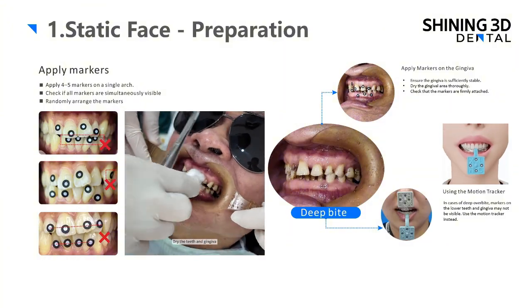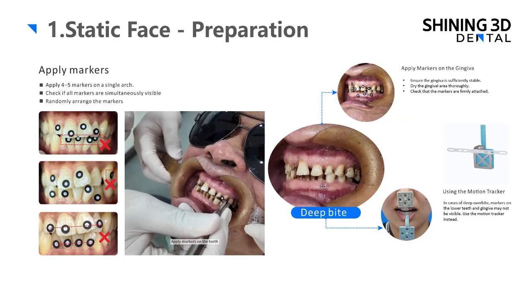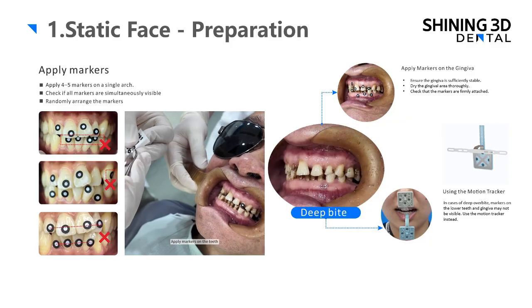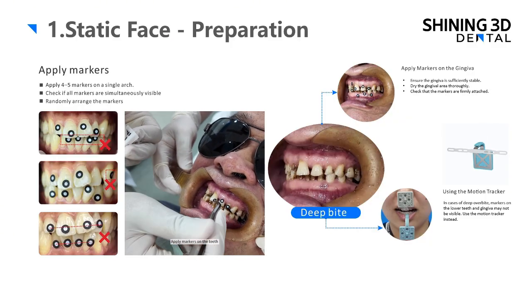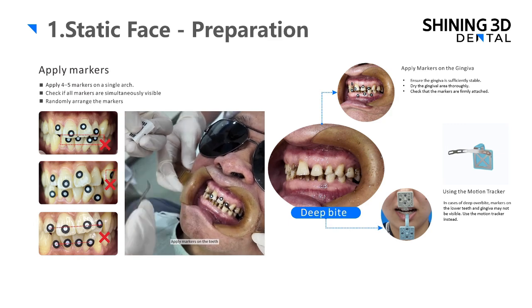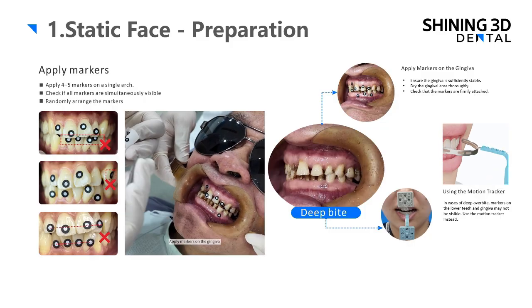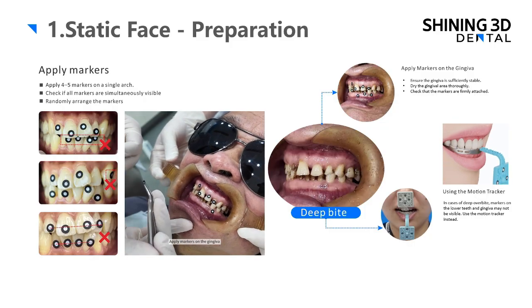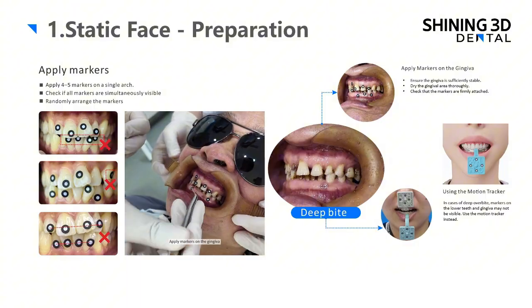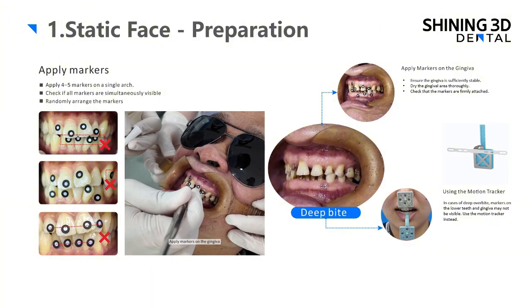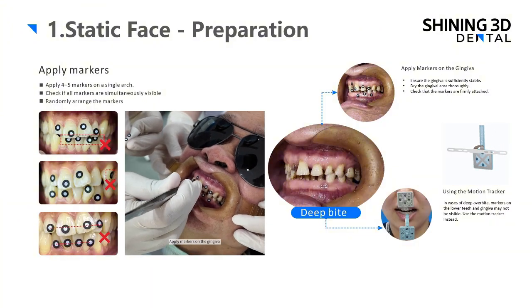Apply 4 to 5 markers on a single arch, as we just mentioned. Check if all markers are simultaneously visible. Randomly arrange the markers, not in a linear way but in a zigzag way, to make it easier for the scanner to recognize the markers on the teeth surface.